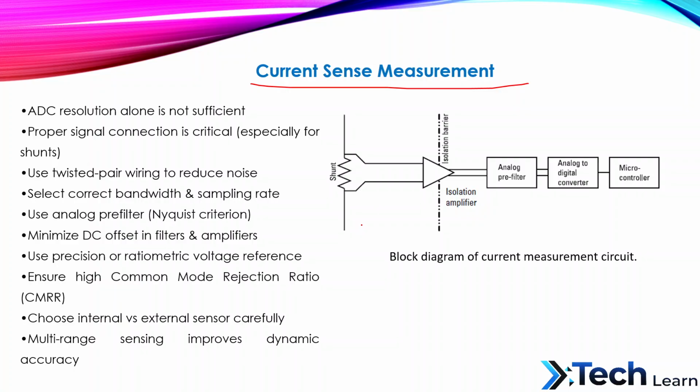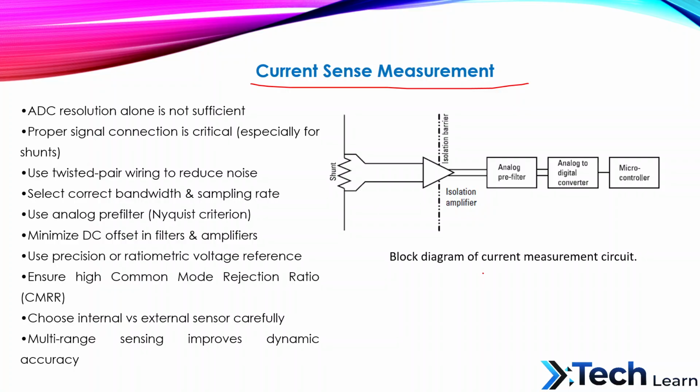The sampling rate must satisfy the Nyquist criterion, at least twice the maximum frequency component of the load current. An analog filter removes unwanted high frequency noise. Active filters must avoid DC offset because offset accumulates during the integration.